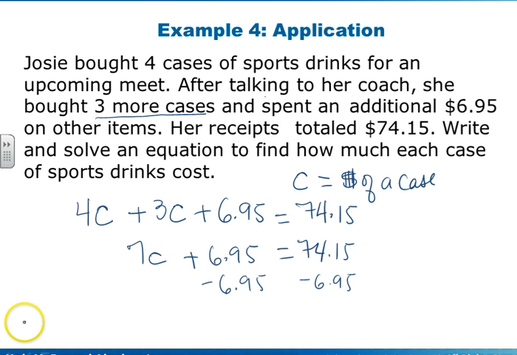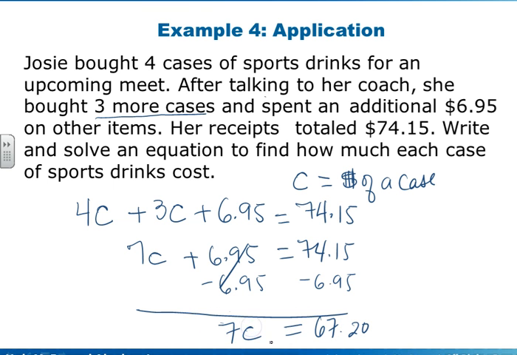Alright, let's bring up a calculator here. Alright, so these cancel, and here we get $67.20. So now to find the cost of each case, let me rewrite it over here.